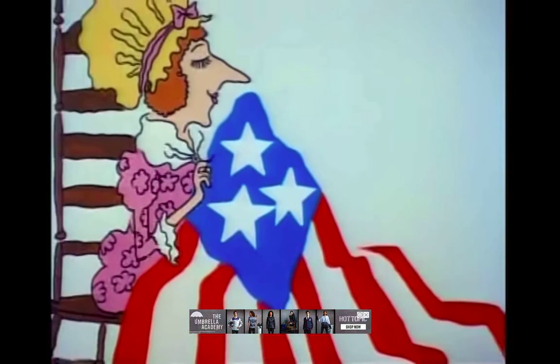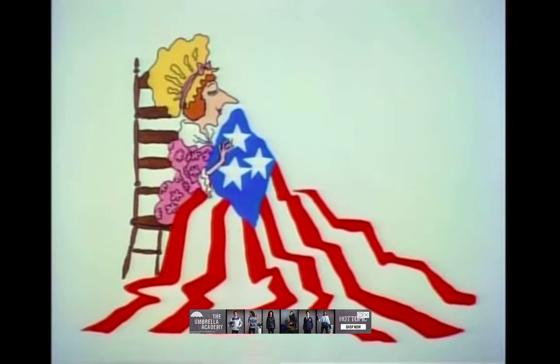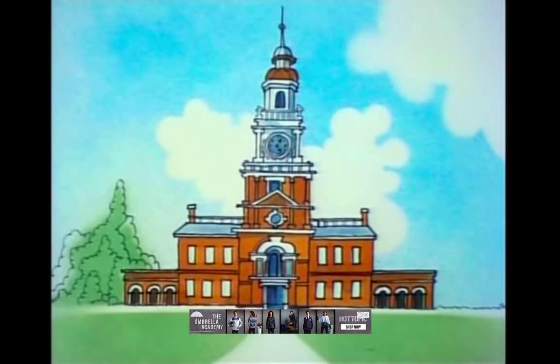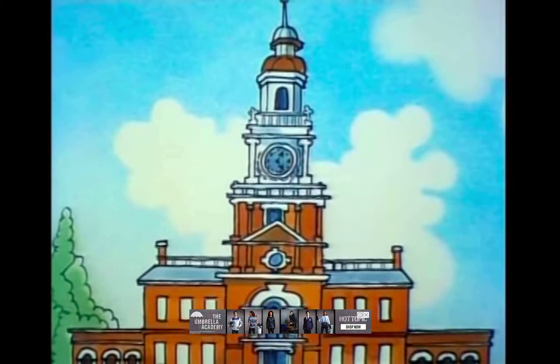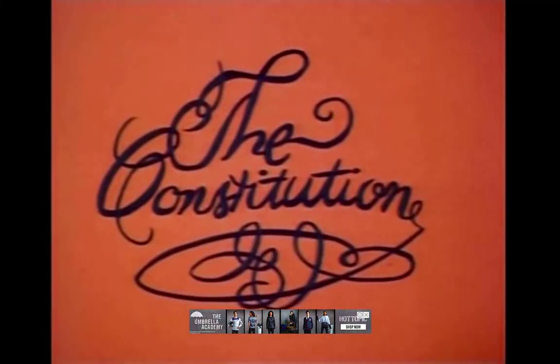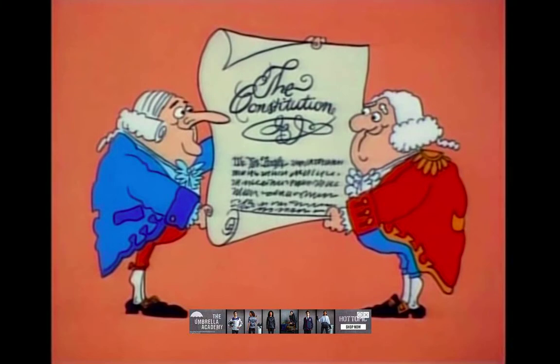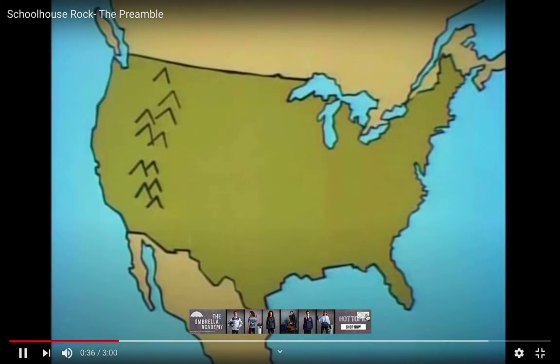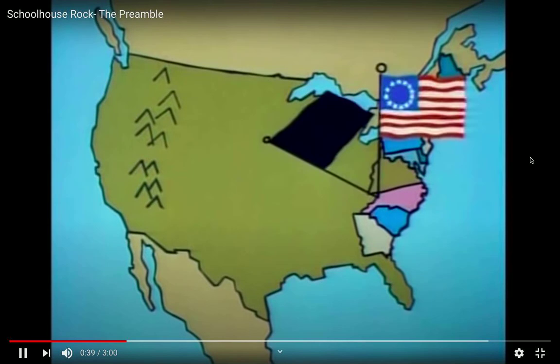Hey, do you know about the USA? Do you know about the government? Can you tell me about the Constitution? Hey, learn about the USA. In 1787, I'm told our founding fathers did agree to write a list of principles for keeping people free. The USA was just starting out, a whole brand new country.